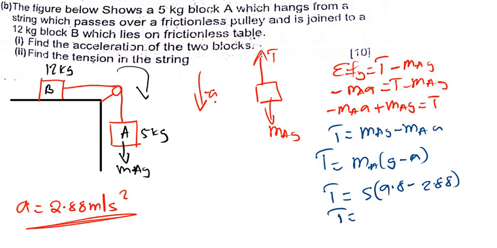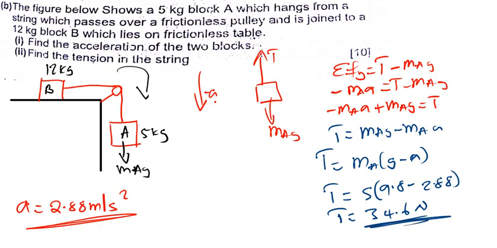T will be equal to 9.8 minus 2.88, that is 6.92, times 5. That should be 34.6 newtons.